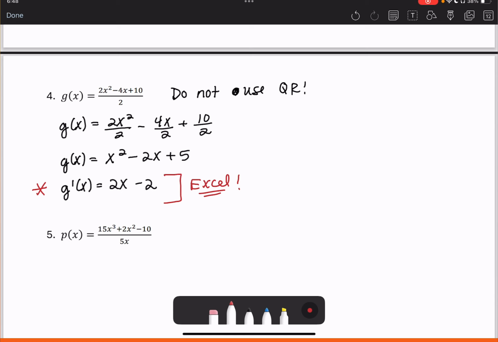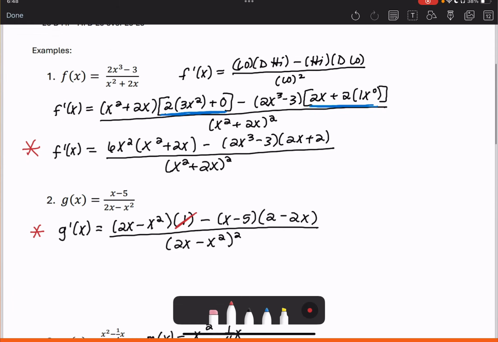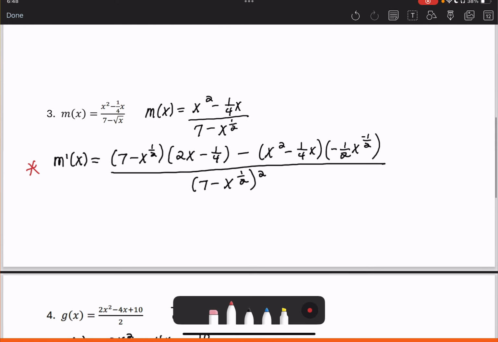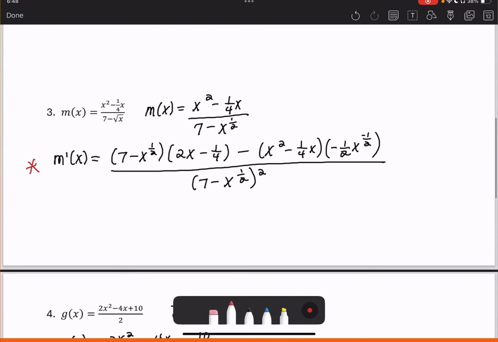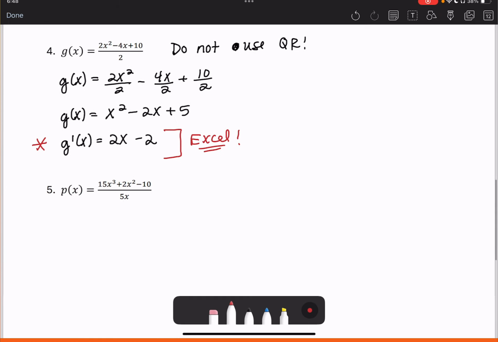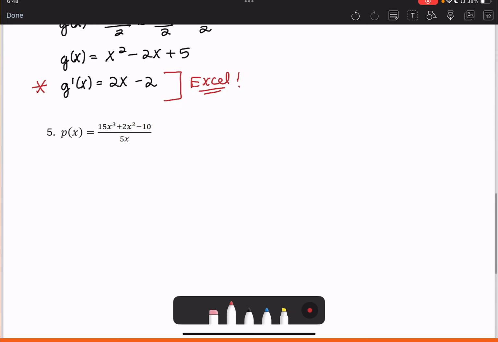So we need to get ourselves trained so that we simplify the function when we can, so that we can just use basic derivatives if that's possible. Okay. Sometimes it's not possible. Like on these previous examples that we did here, 1, 2, and 3, it was not possible to simplify it so that we could just use basic derivatives. That's why we use quotient rule on those. But 4 and 5 can both be simplified, and we can use our basic derivative.